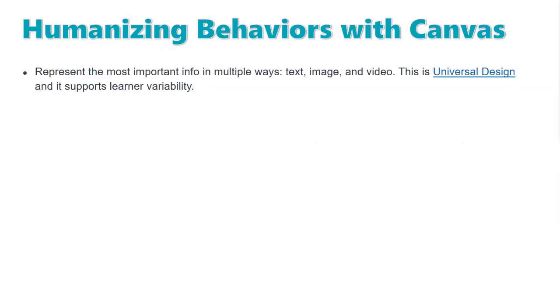All right, so getting even more specific here, I wanted to talk a little bit about humanizing in Canvas, since we are talking about online classes. So one way to help students feel comfortable in the environment is to use multiple ways of communicating with them and also of communicating content.